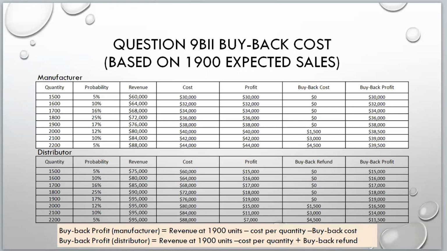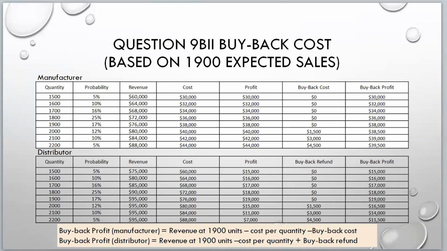And all I did was, after 1,900, for every unit that is not sold, because we're assuming that 1,900 is the optimal point for the distributor to order goods. So we're saying that if the distributor meets 1,900 but has these 100 units left over, we're going to buy these back. So when you do this, the buyback cost is subtracted from the manufacturer's profit and added to the distributor's profit.